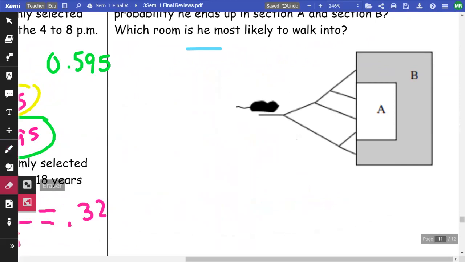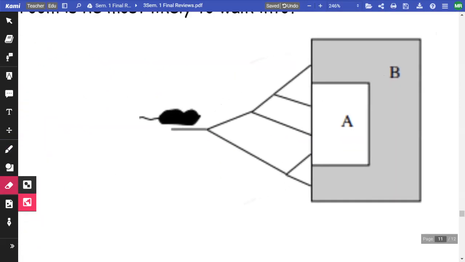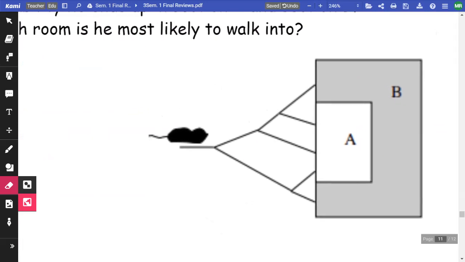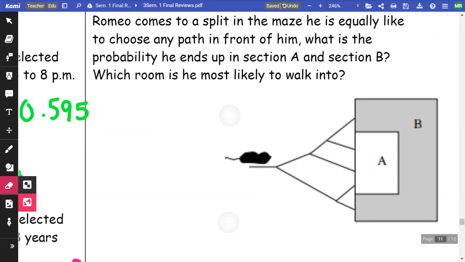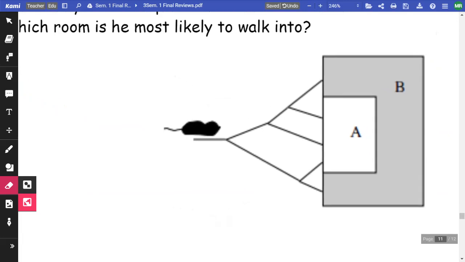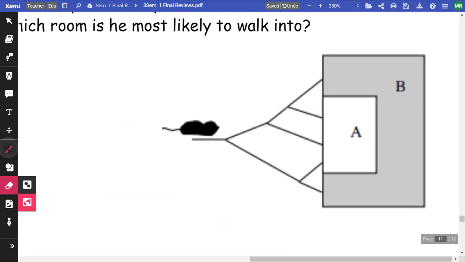Okay, so this is another mouse one. We want to know what's the probability that he ends up in section A and section B? Which room is he more likely to go into? Okay, so for this, starting here to here, this is going to be a 1/2 and a 1/2.